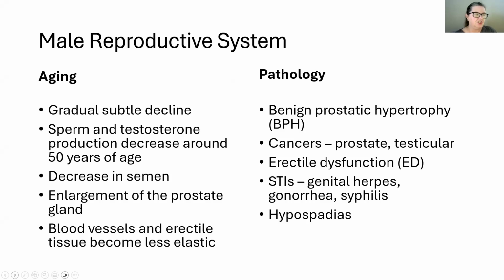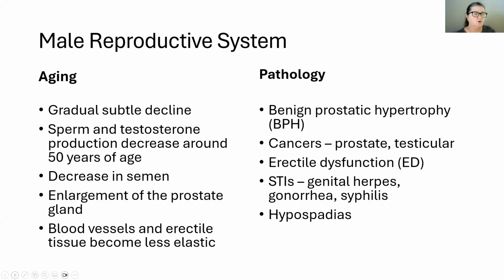As far as pathology goes, for the reproductive system, there's far more illness and disease for women than there are for men, but there's still some pretty bad things for men too. So, BPH, which is benign prostatic hypertrophy, again, it's benign, so it's not a cancerous issue, but it's definitely when the prostate starts to enlarge.